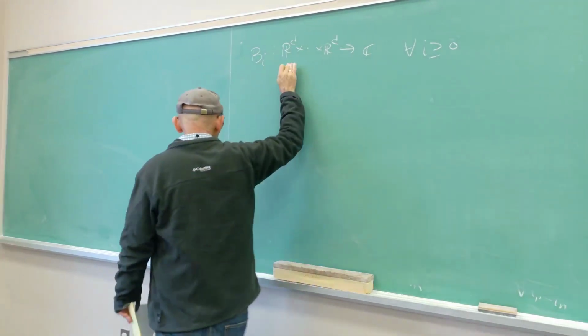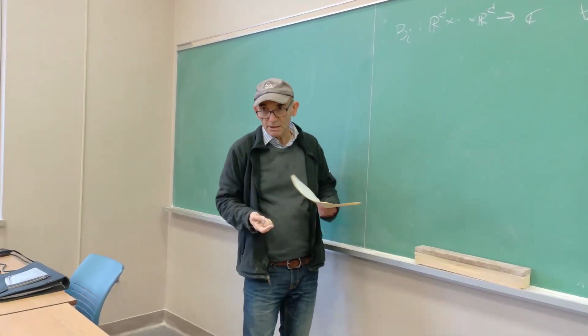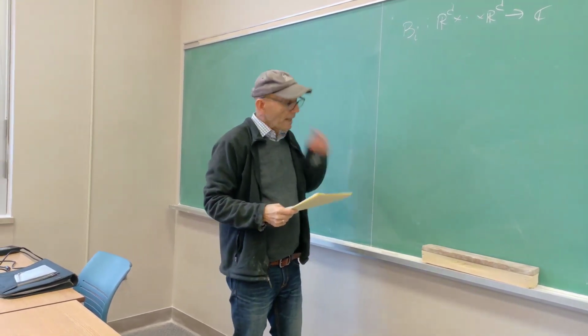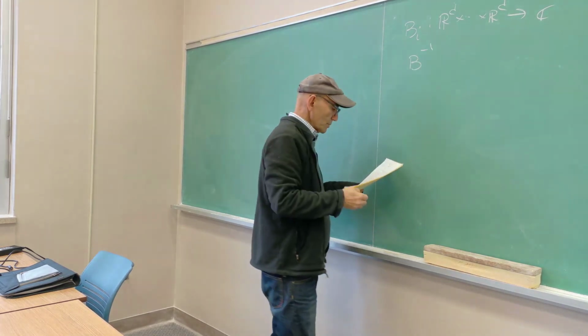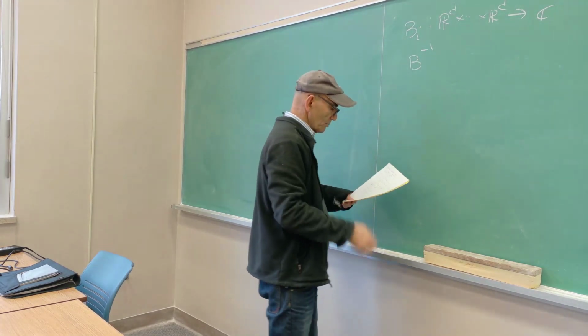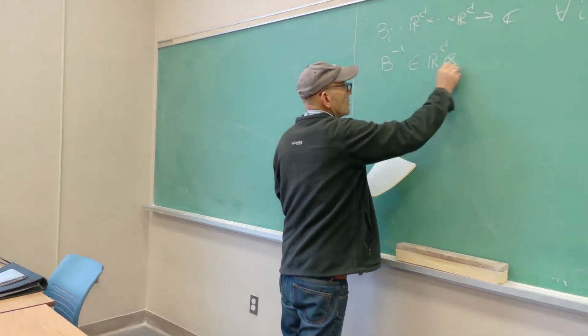These are just partial derivative tensors of this function that we have, right? And now, what about B inverse? B inverse also, I want to see as a tensor belonging to R^D tensor R^D.